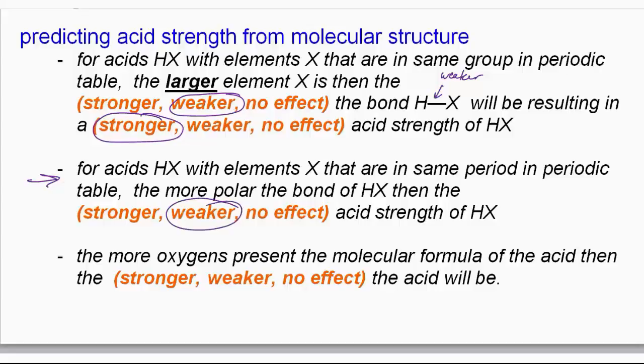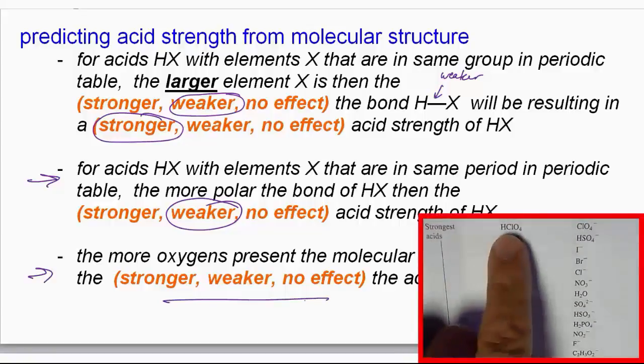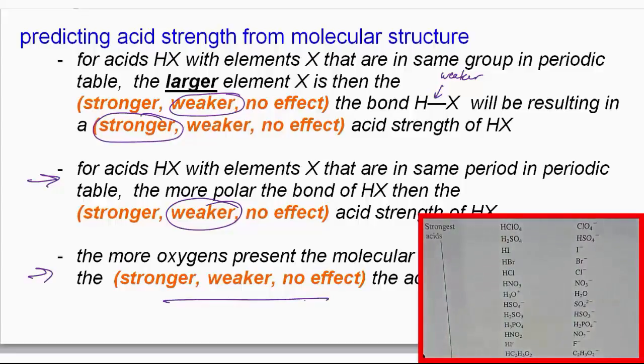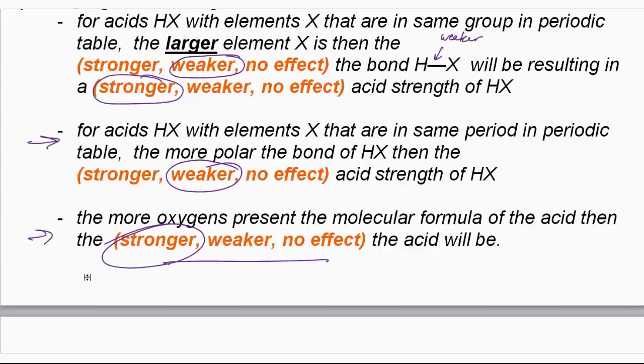So it's really going to be a weaker acid. How about the more oxygens present in the molecular formula of the acid than the what? The acid. A real clue here, I think, is look at HClO4. Look at all those oxygens. So the more oxygens you have, the stronger the acid will be.